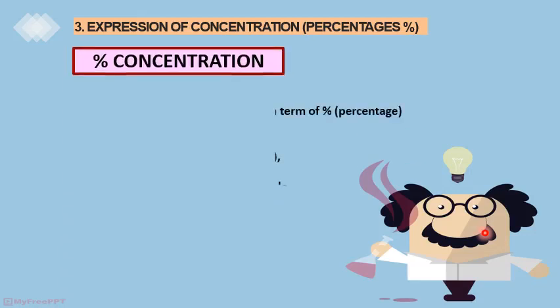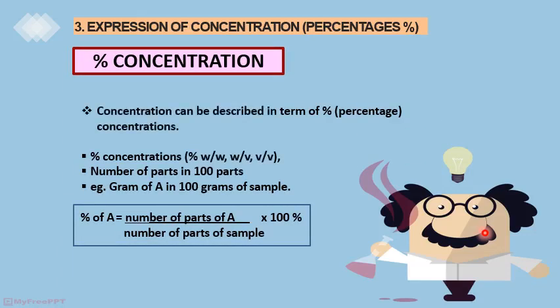So concentration can be described in terms of percent concentration. Percent concentration can be in terms of percent weight in weight, percent weight in volume, and percent volume in volume.